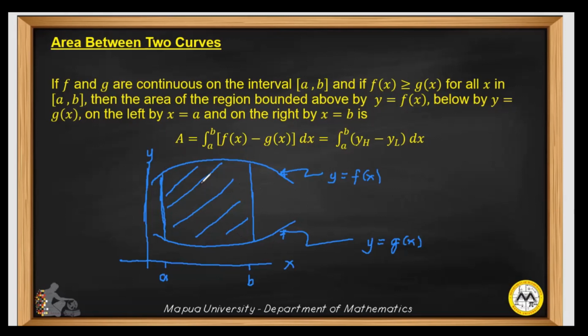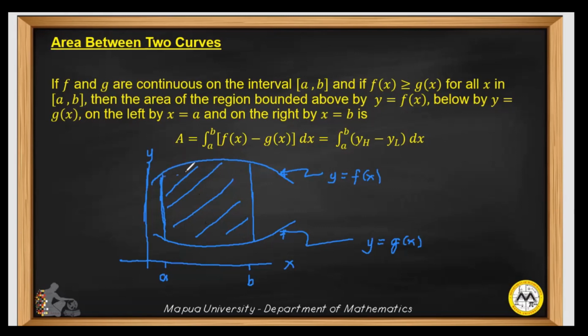But please take note that in this case, if we consider the horizontal element, then there will be a problem in the representation of the length. It is not consistent all throughout.